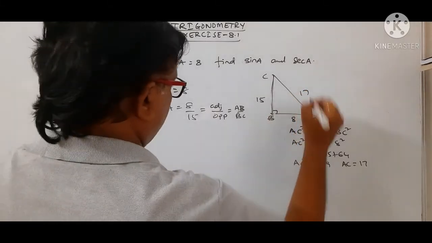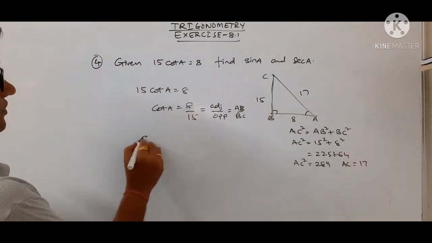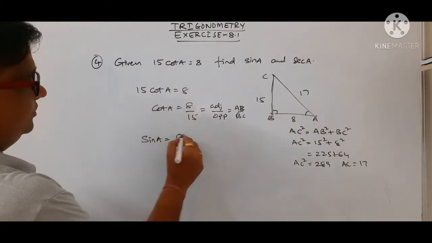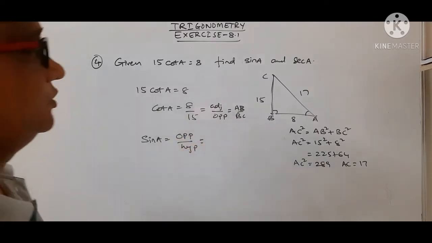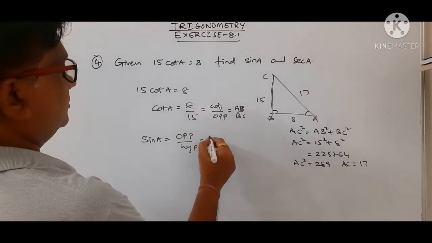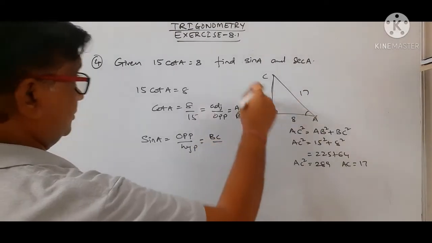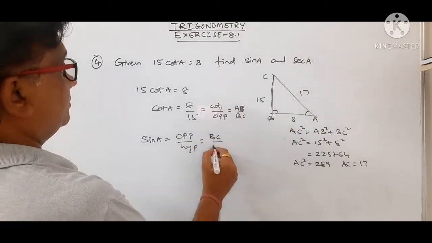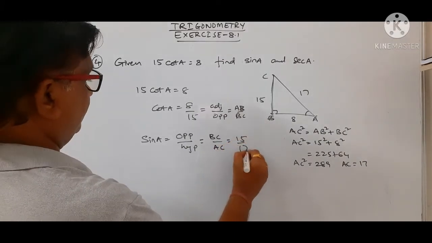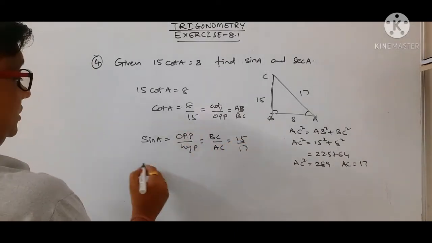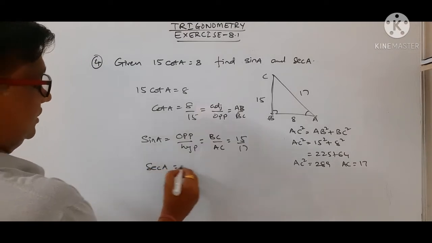This is 17. Now what they are asking, sin A. Sin A means opposite by hypotenuse. Opposite means BC, A's opposite. BC by AC. That is 15 by 17. Secant A they are asking next.